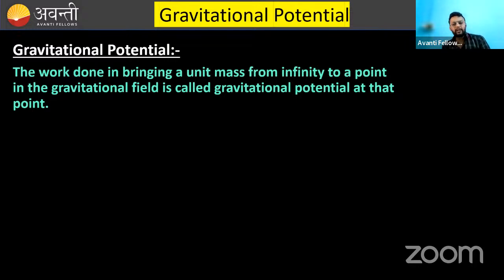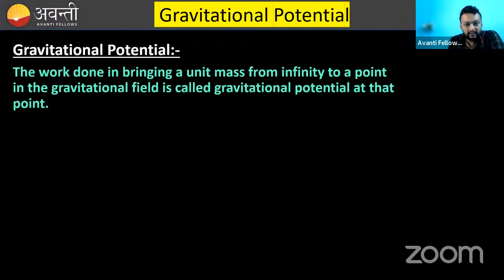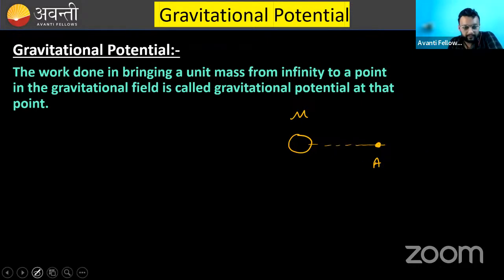Moving further. Another thing is gravitational potential. Read the definition. Let's suppose this is a mass, and you want to calculate the potential at this point, point A. Then how is gravitational potential defined?